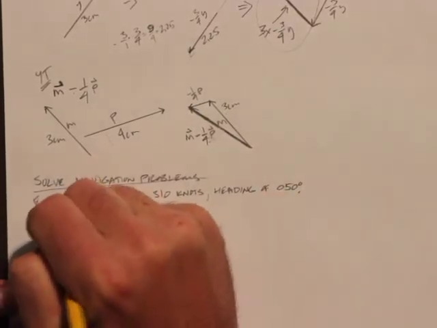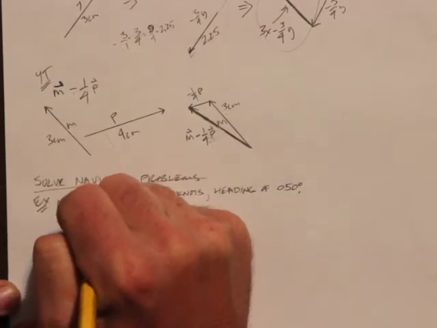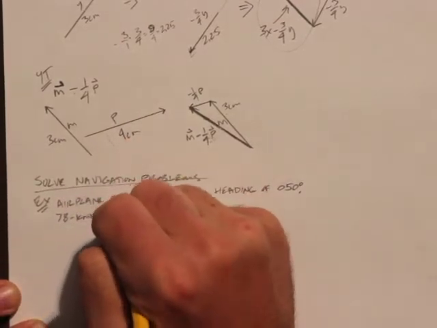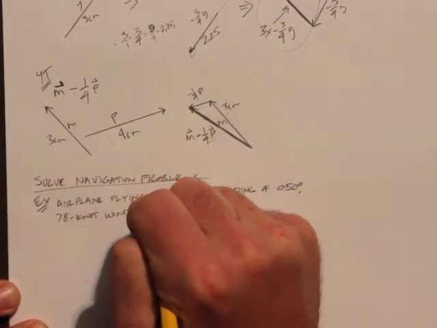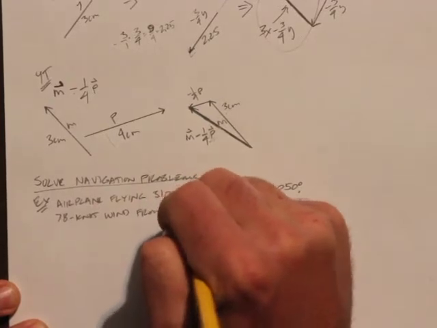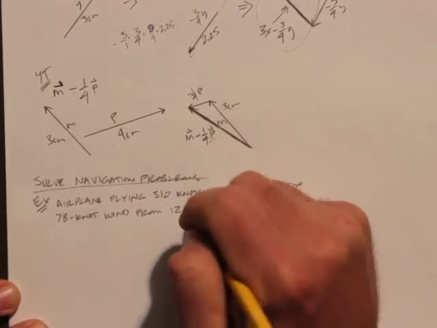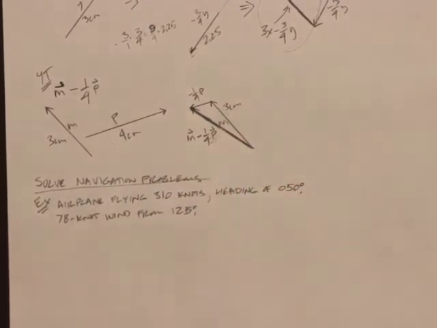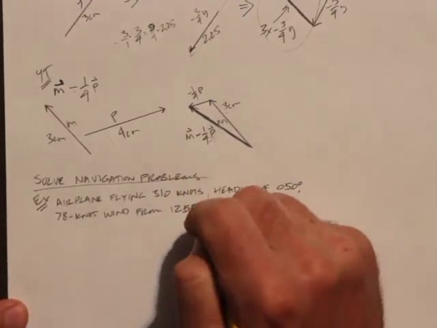There is a 78 knot wind from 125 degrees. Determine the speed and direction relative to the ground.